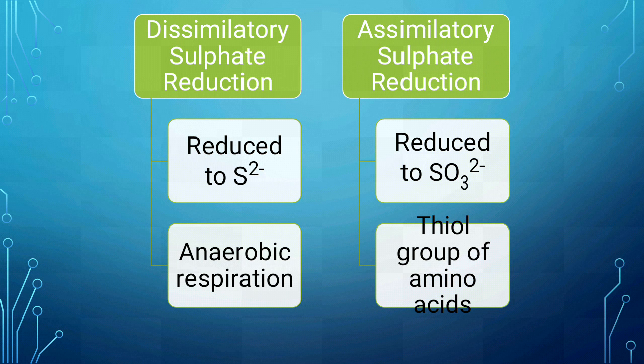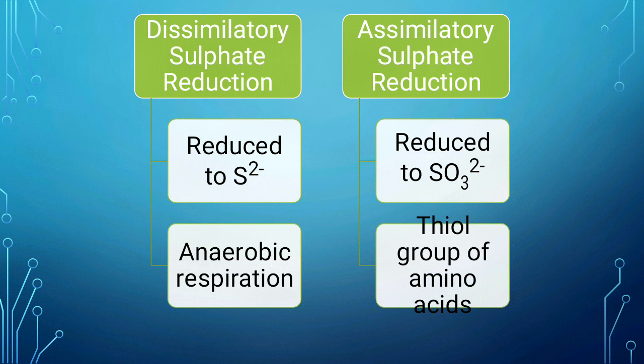But the difference is here it does not stop with the sulfite. The sulfite gets incorporated into, or assimilated into, the amino acids of that particular organism in the form of a thiol group. We have amino acids like cysteine which have sulfur in them, and this sulfur which has been taken from the sulfate is being incorporated into that amino acid.